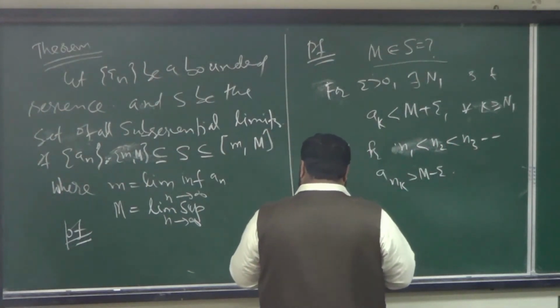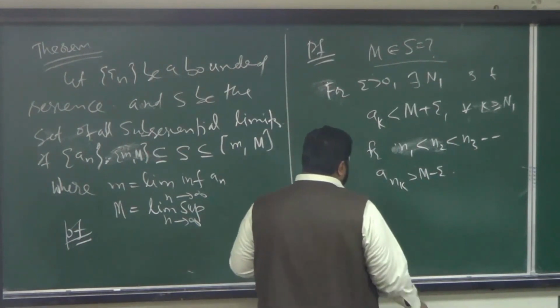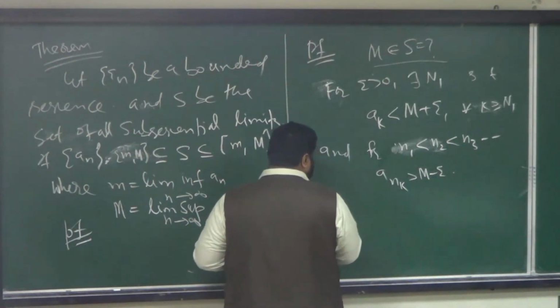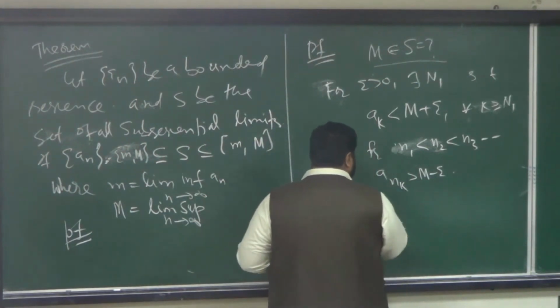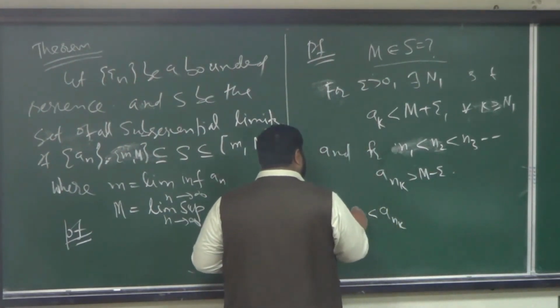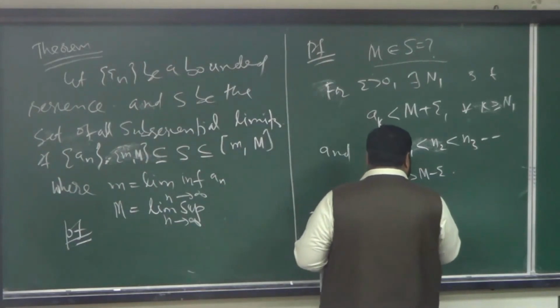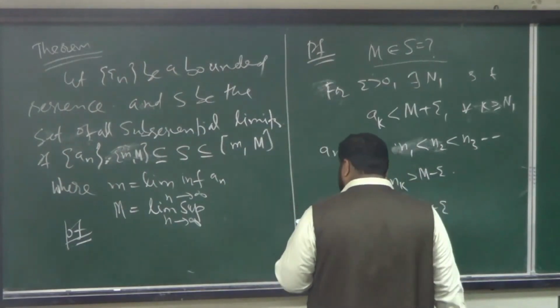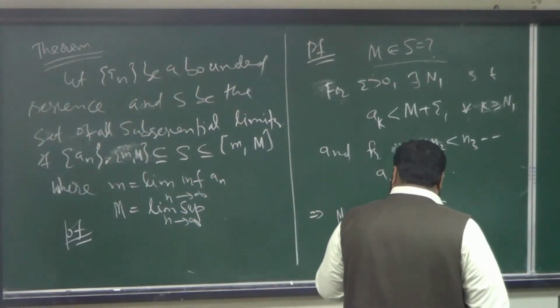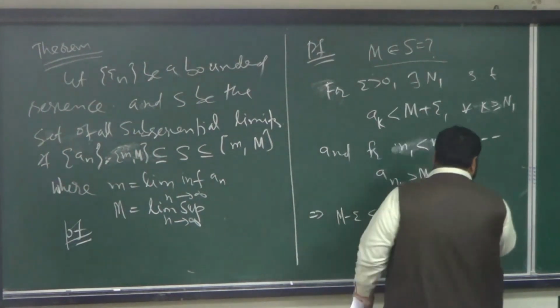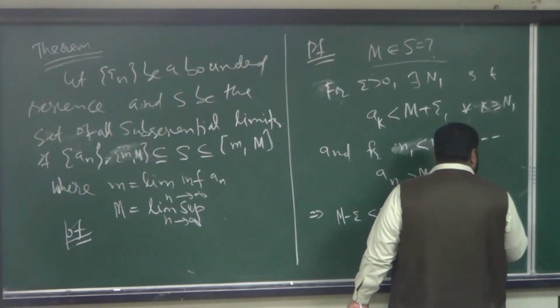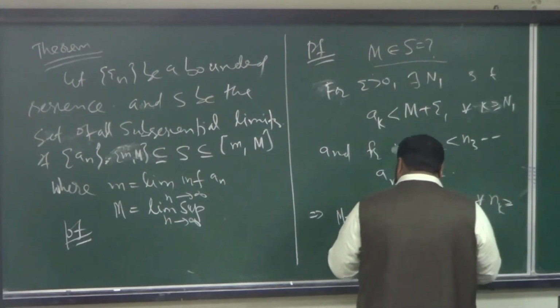So if I combine both, what am I going to have? a_{n_k} is between M minus epsilon and M plus epsilon, for all n_k bigger than or equal to what? So this is true for all k. You can always find N1. So when is this going to be true? You tell me the number. For n_k, it should be bigger than or equal to what?